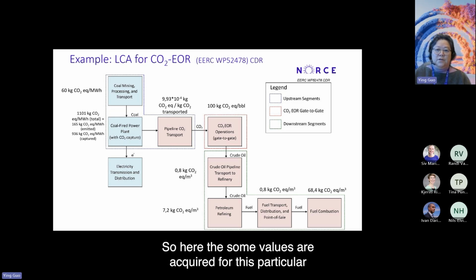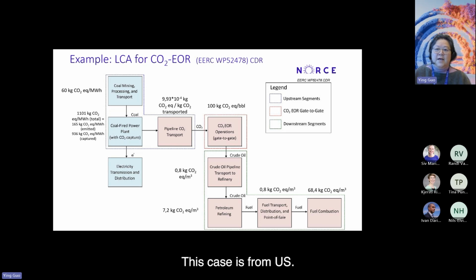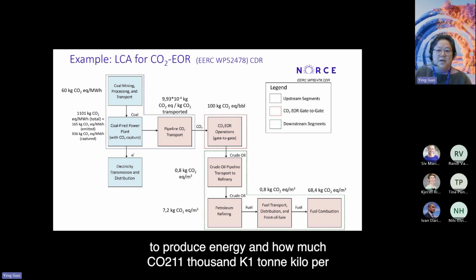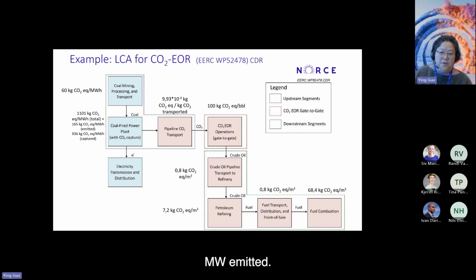So here, some values are acquired for this particular purpose. This case is from the US. So we see the values used like 60 kilo CO2 per megawatt hour needed to produce energy, and how much CO2, 1 ton per megawatt hour emitted.